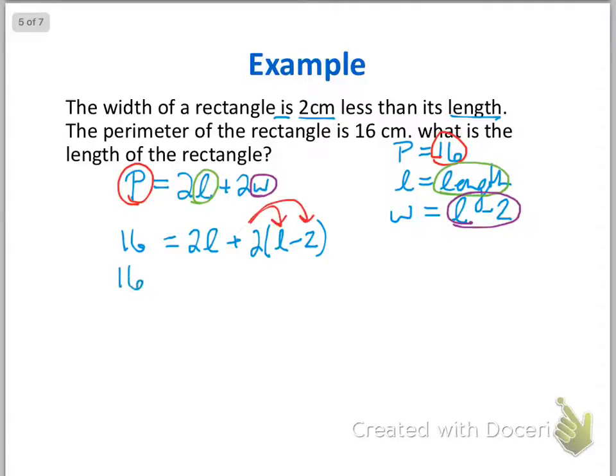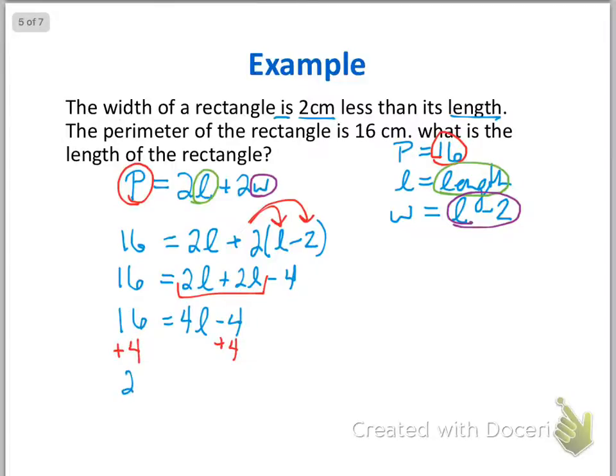Simplify both sides. I can combine some like terms. And backwards through PEMDAS. Divide both sides by 4. And we get that L equals 5 centimeters. All right, so the length of the rectangle is 5 centimeters.